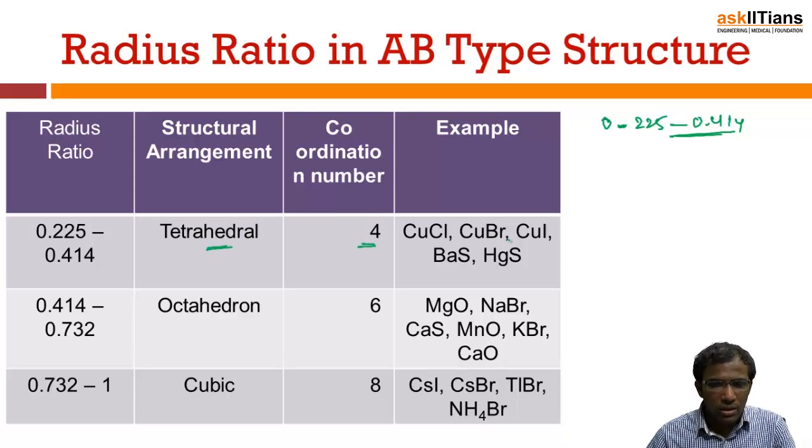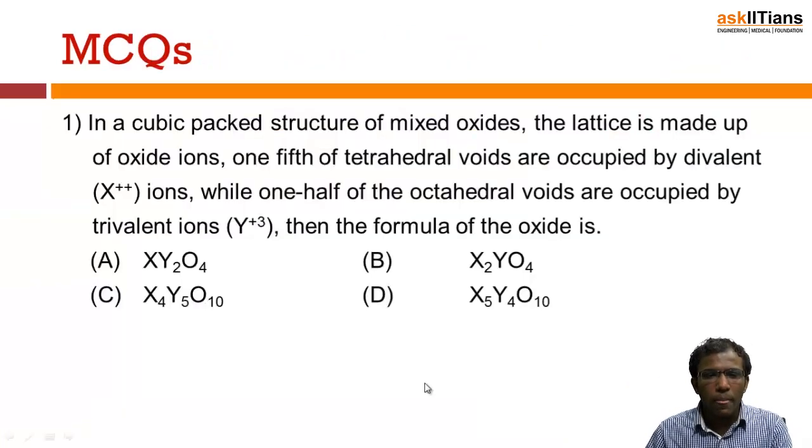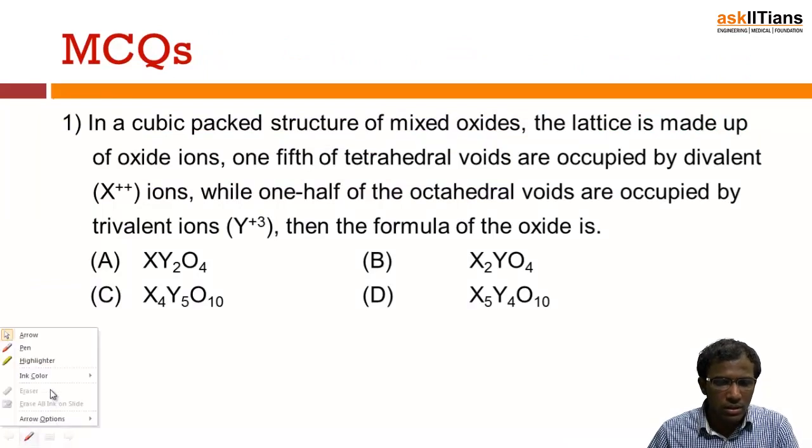The examples are given here, and if it falls in 0.414 to 0.732, the structural arrangement is octahedral and the coordination number will be 6 accordingly. So if it is greater than 0.732 and less than 1, then you will get the cubic arrangement, which has the coordination number 8, and these are the examples given here. Okay. So let's solve some questions based on the concept that we discussed now.